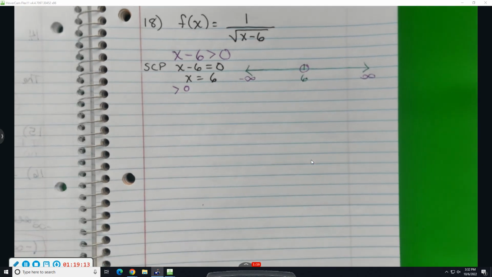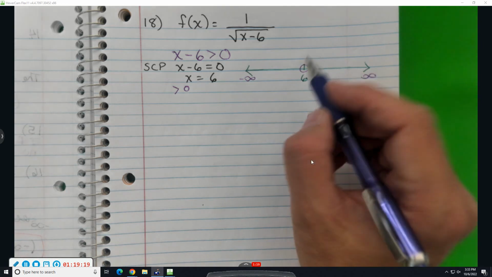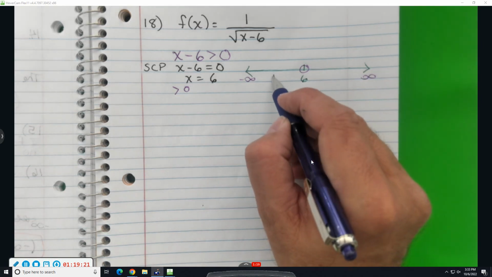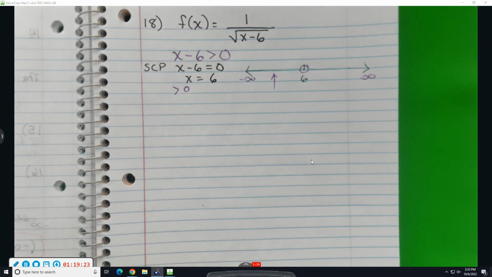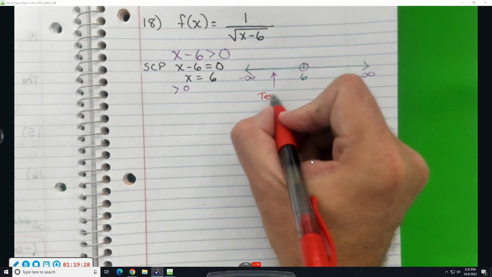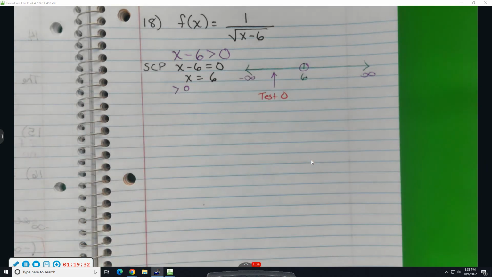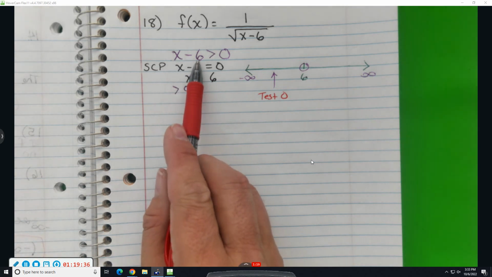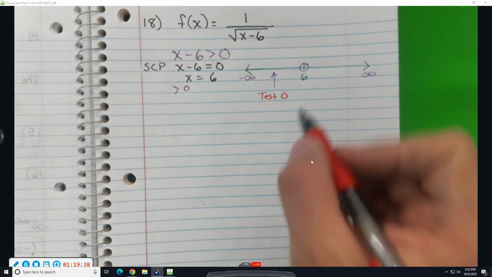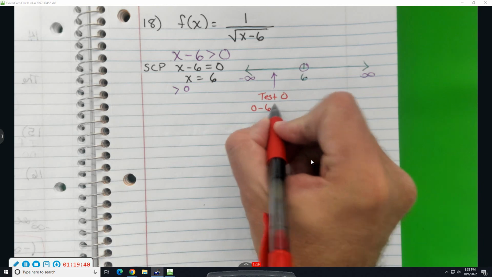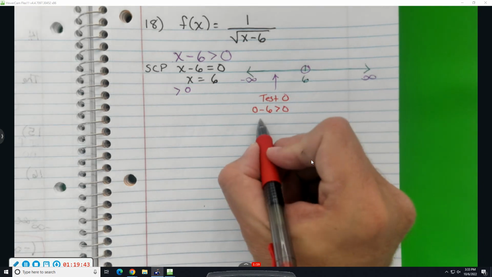and then I would test one of the intervals. I always use 0 to test. Where's 0? To the left of 6 or to the right of 6? To the left of 6. Okay, so I'm testing 0. And again, this is much easier than any of the cut point problem homework you had. 0 minus 6 is greater than 0. Is that true or false?